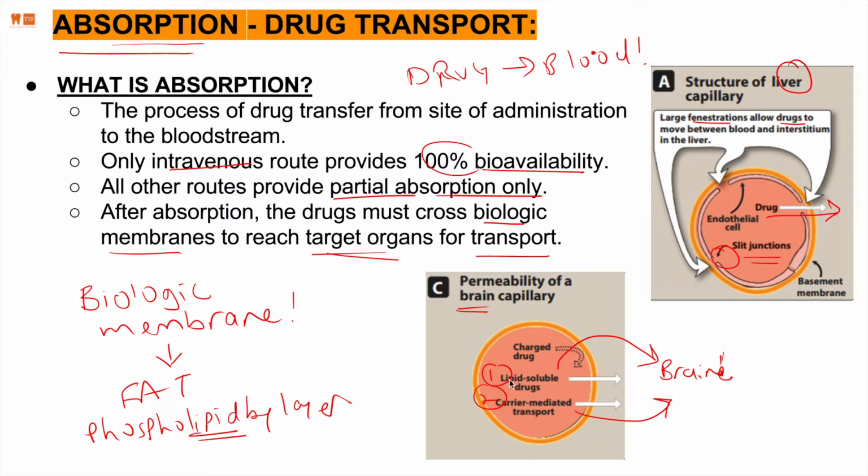Why is that? Well, a lipid-soluble drug will definitely be soluble through the phospholipid bilayer, or carrier-mediated transport that may use energy or another protein to pull the drug from the vessel and drag it across the membrane into the brain. That's what absorption is about, guys.